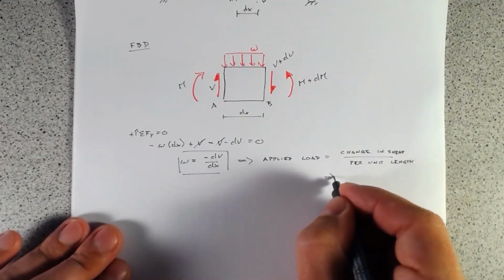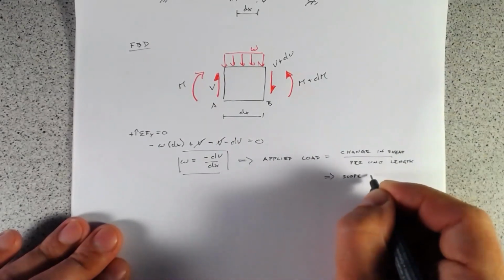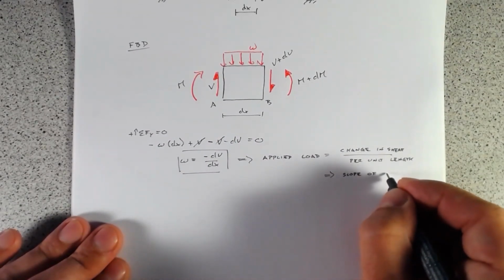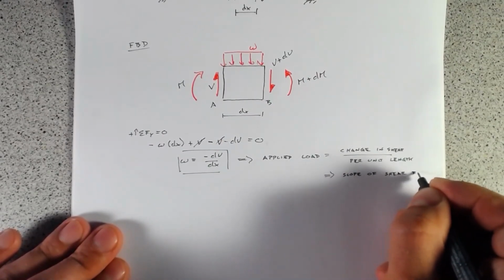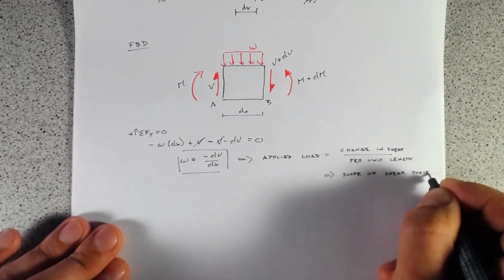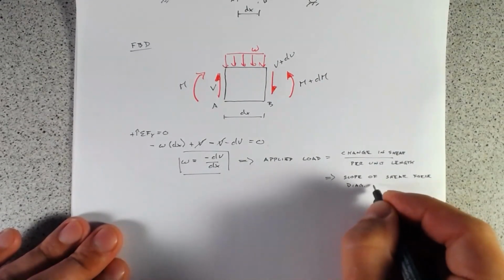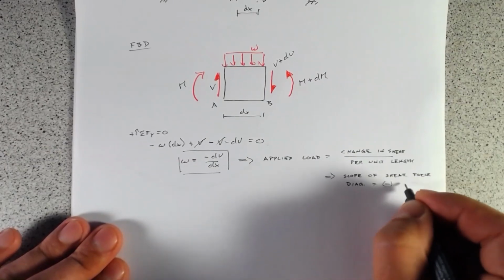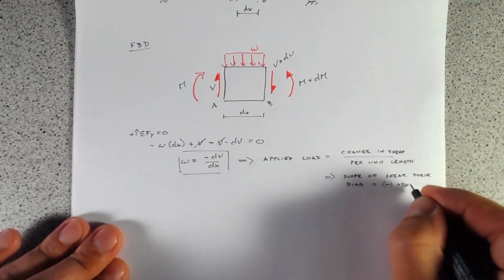Another way to think about that is the slope of the shear force diagram equals the negative of the magnitude of the load.